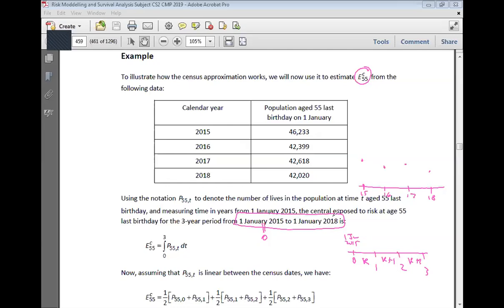So let me just erase this. Now what we're looking at is an integral from 0 to 3 of P55, t dt. Does this make sense to you guys?